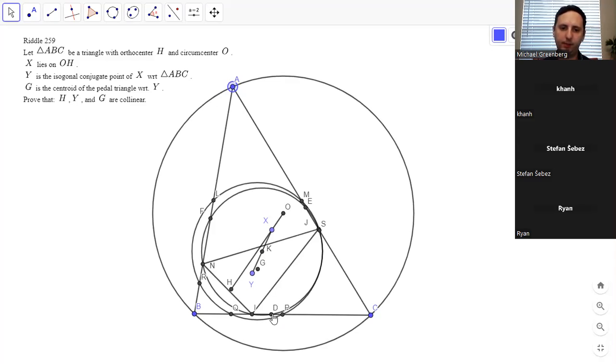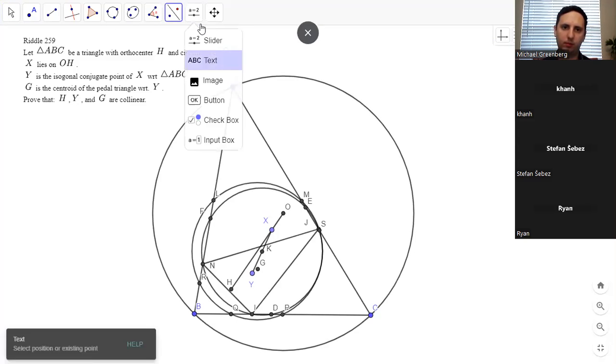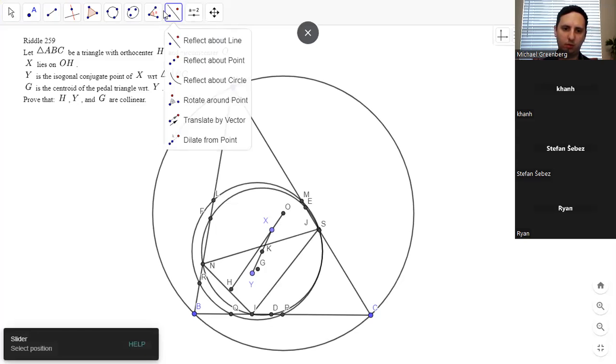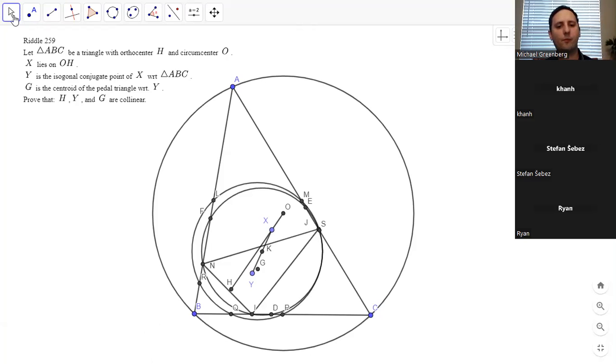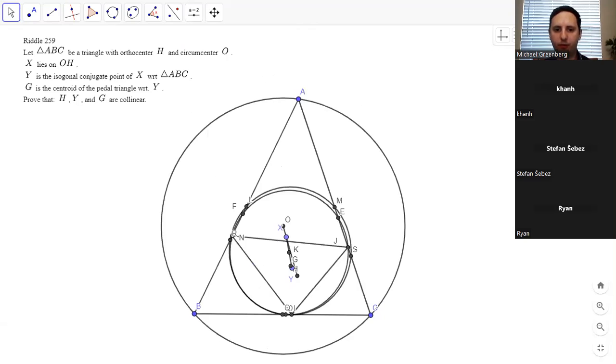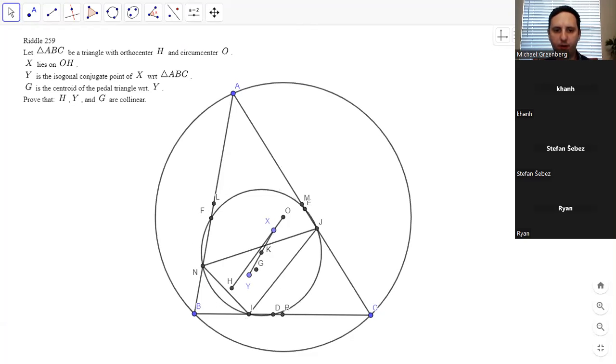I was thinking that dP is IQ, but that's not true. Yeah, I'm going to erase the 9-point circle for now. It's not as good as I thought.